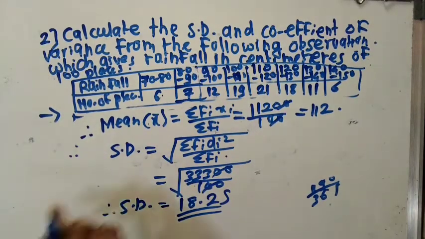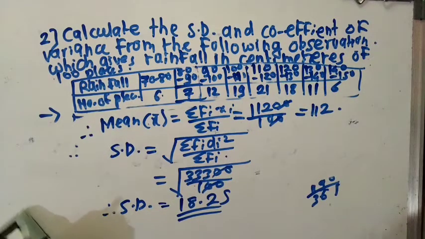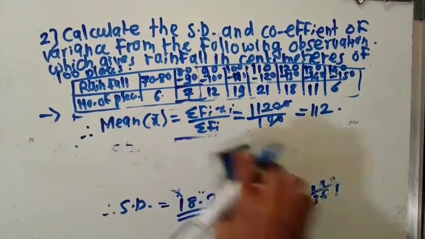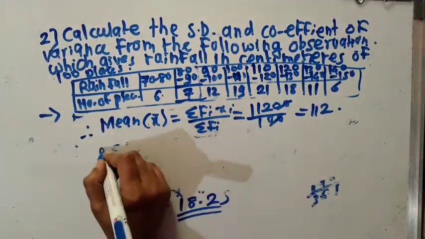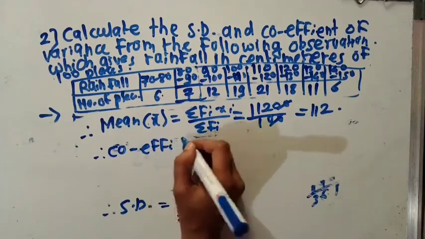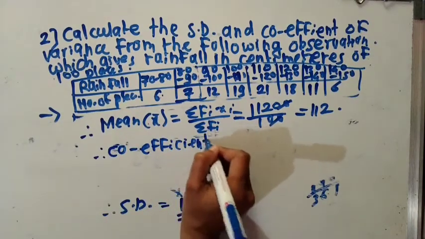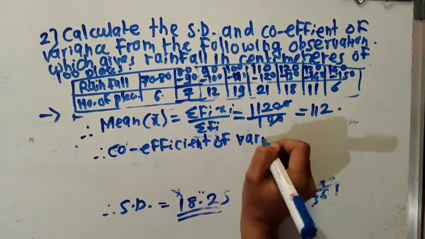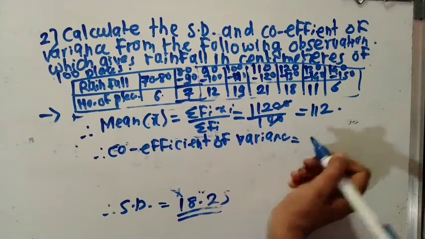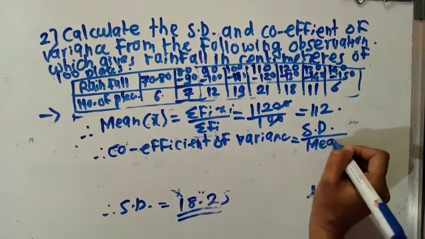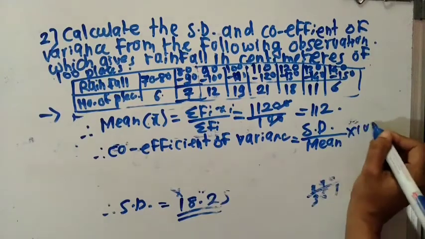Then standard deviation and coefficient of variance. Then how to find out the coefficient of variance? By the formula, coefficient of variance is standard deviation upon mean into 100.